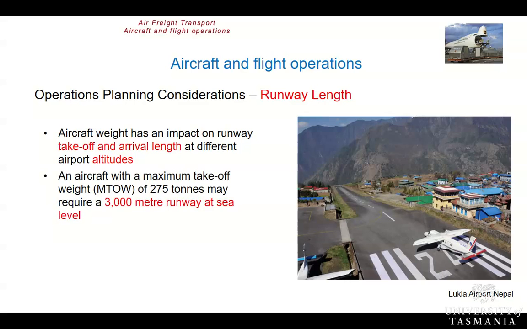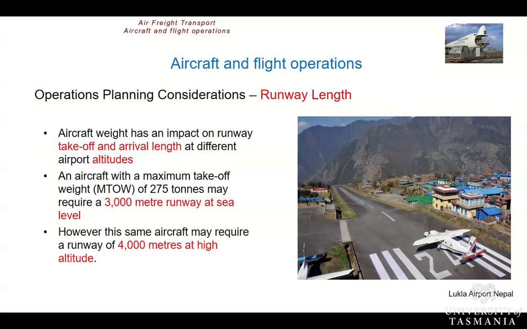So an aircraft with, for argument's sake, a maximum takeoff weight of 275 tonnes, at sea level might require a runway of about 3,000 metres. However, if it's high altitude, all of a sudden it requires a runway of 4,000 metres. So this is just one of those issues around altitude and weight.